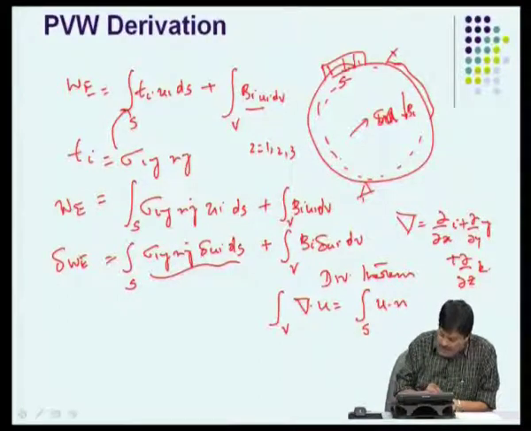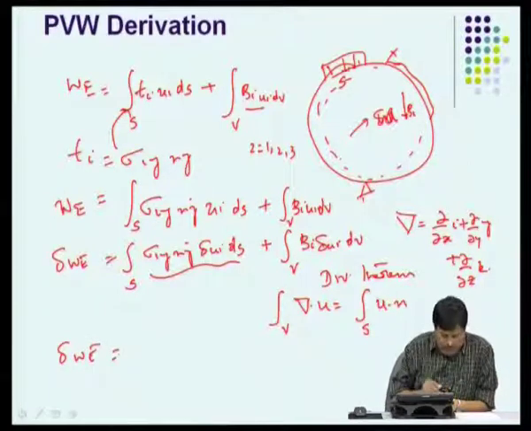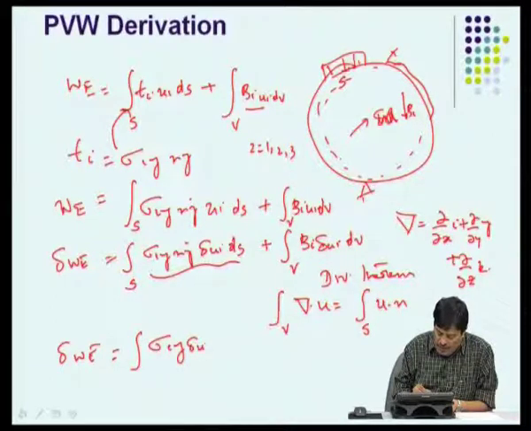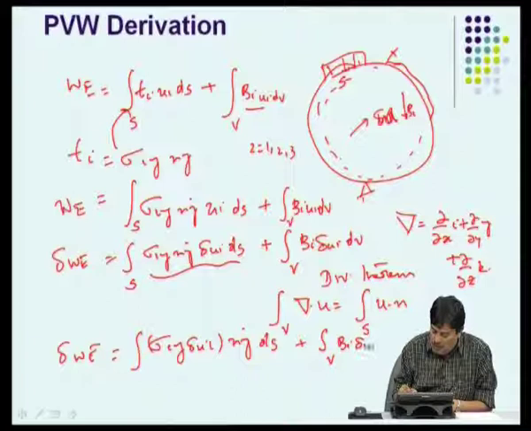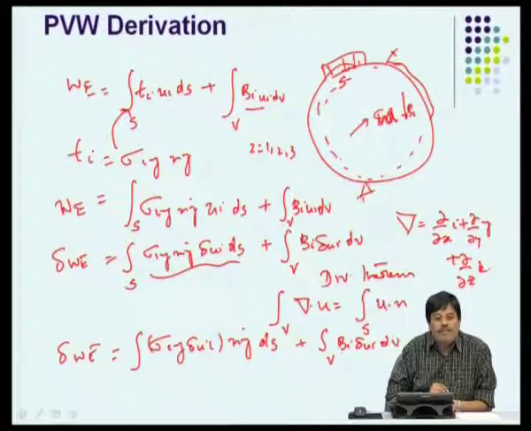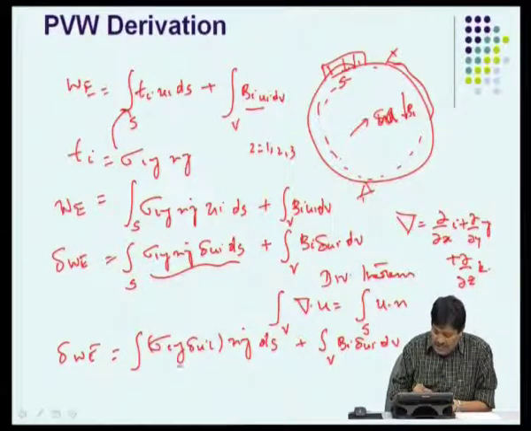When we use this, we can write delta We will be equal to the integral of sigma ij into delta Ui into Nj dS plus integral Bi into delta Ui into dV. So, this is in this form.